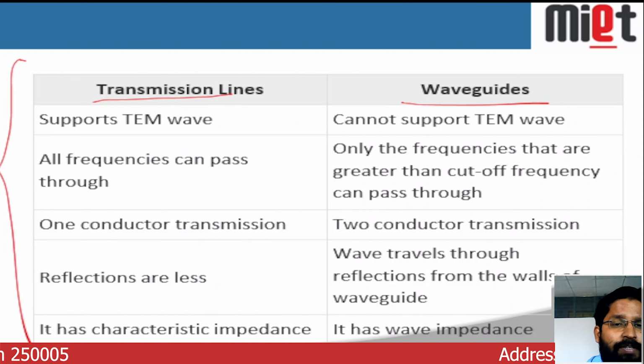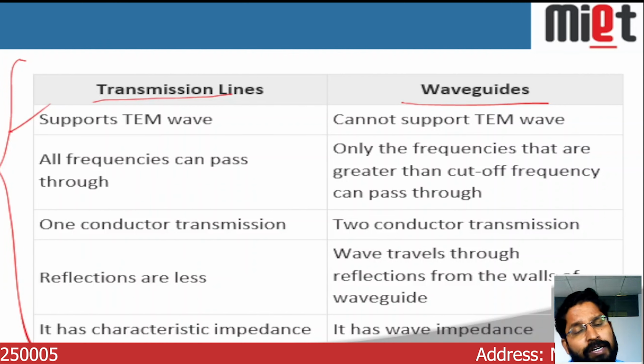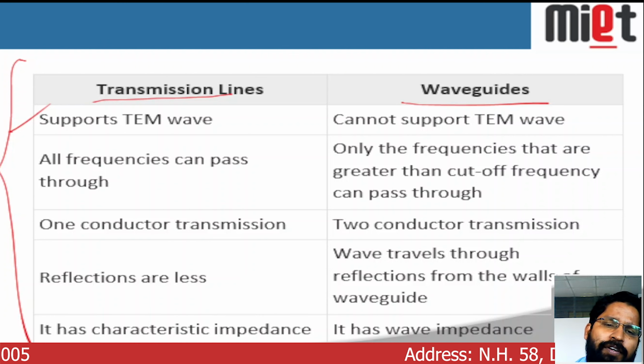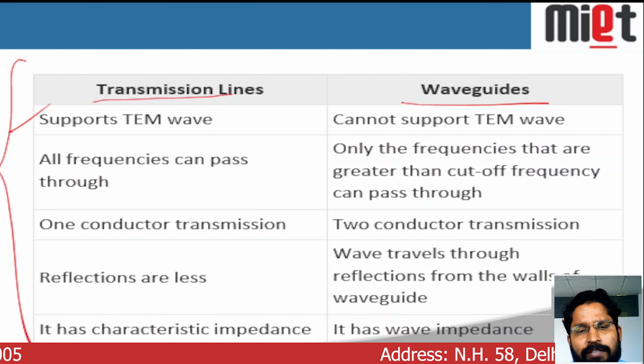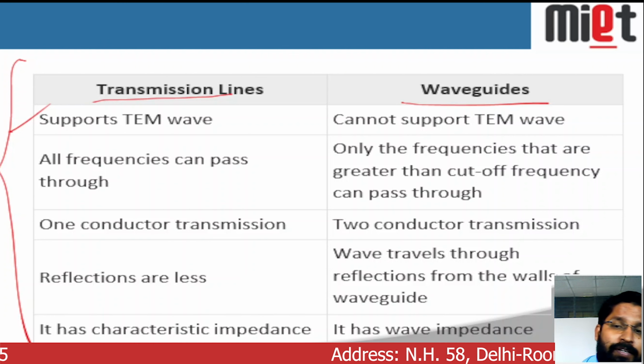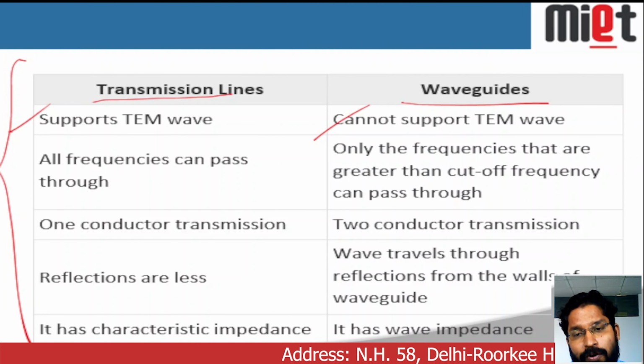There are the following differences. One is that it supports TEM waves. TEM is the pattern of a transverse electromagnetic wave. But in the waveguide, the TEM mode does not exist.